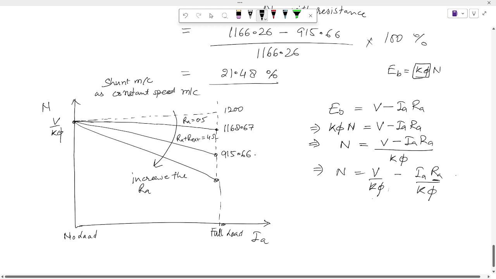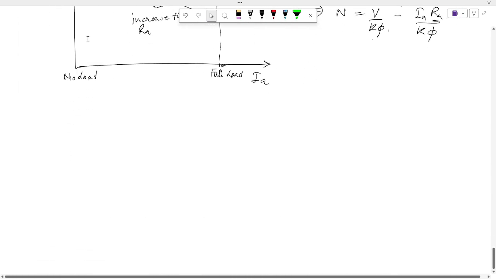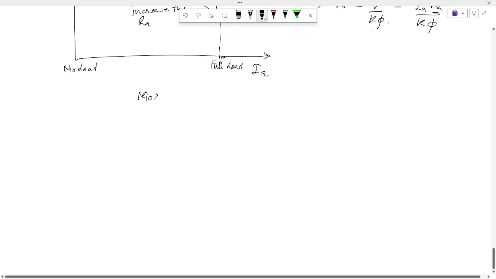So the more resistance you add in the armature circuit, the poorer will be the speed regulation.